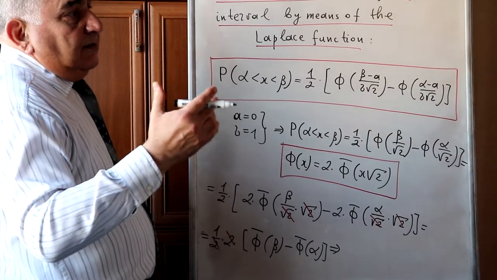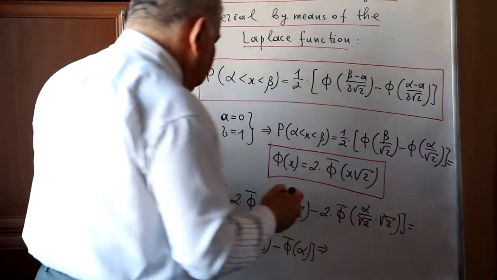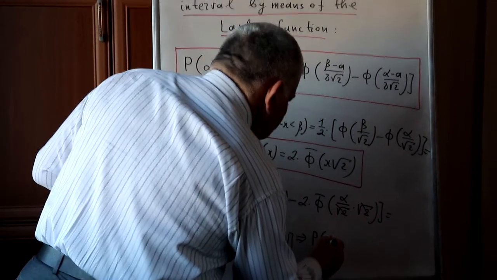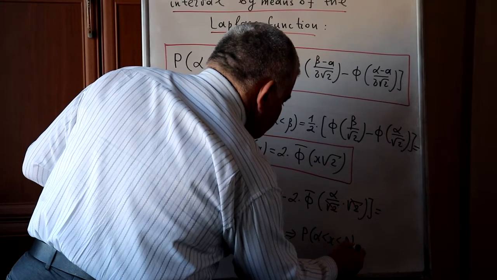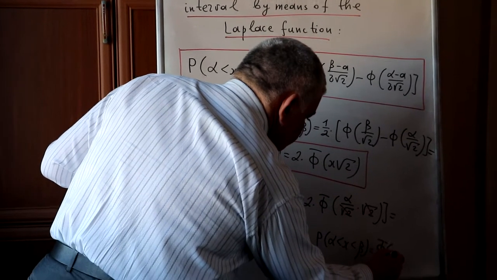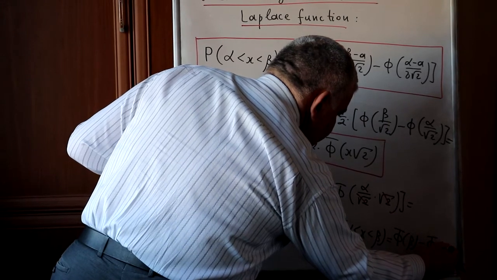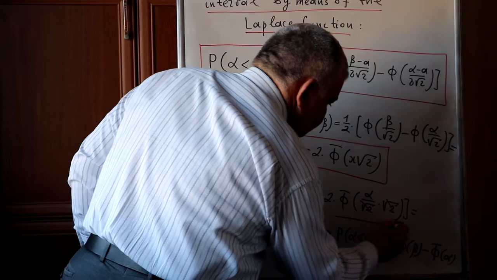very important result, that P of alpha is less than x is less than beta is equal to simply phi bar of beta minus phi bar of alpha. It is a very important formula.